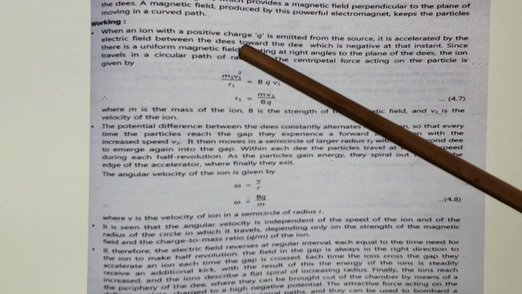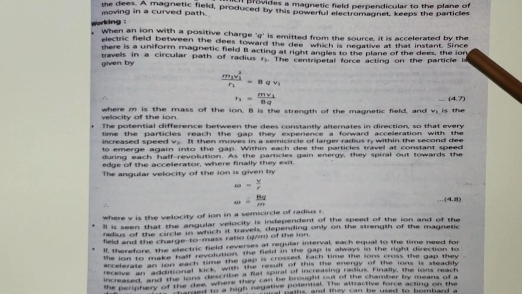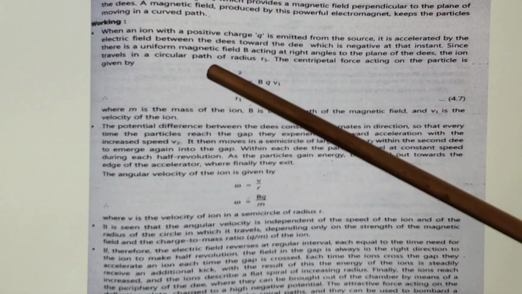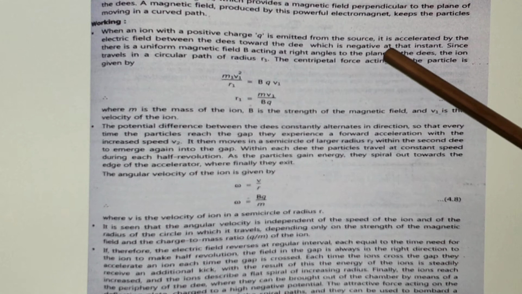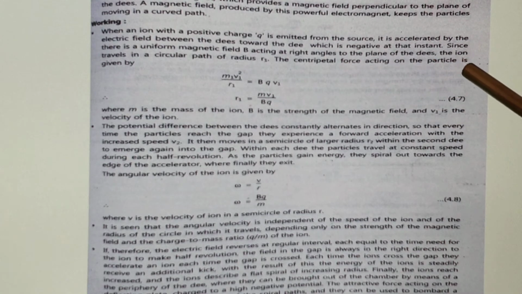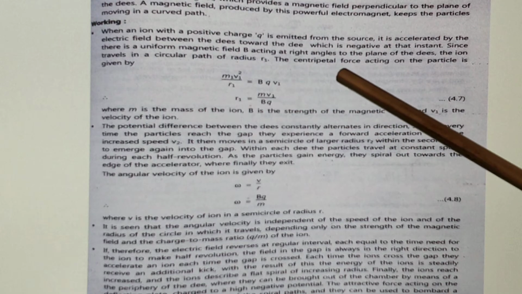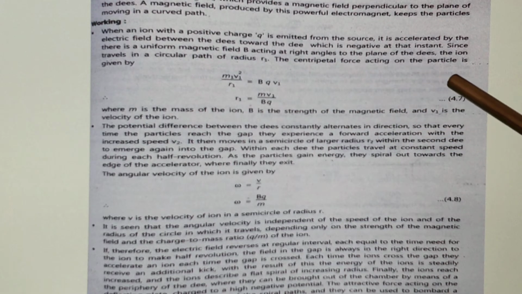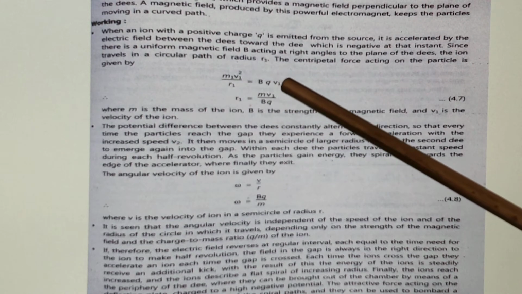When an ion with a positive charge Q is emitted from the source, it is accelerated by the electric field between the Ds toward the D which is negative at that instant. Since there is a uniform magnetic field B acting at right angle to the plane of the Ds, the ion travels in a circular path of radius R1.